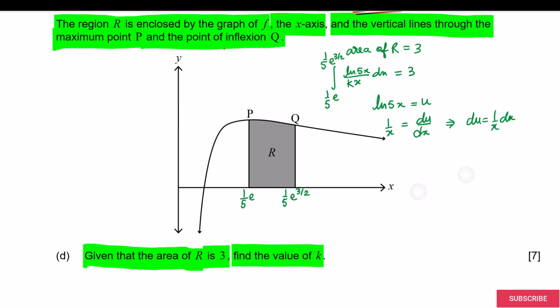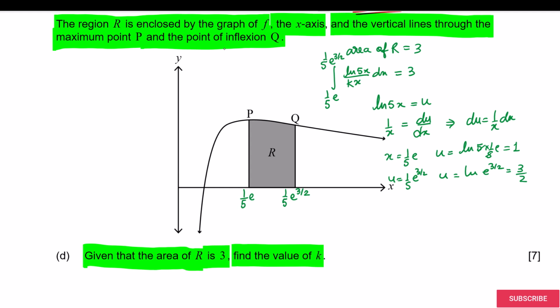So when x is 1 over 5e, u would be ln of 5 times 1 over 5e, these two get cancelled, ln e, which is 1, and when x is 1 over 5 e to the power 3 over 2, u would be just ln e to the power 3 over 2, which is 3 over 2.